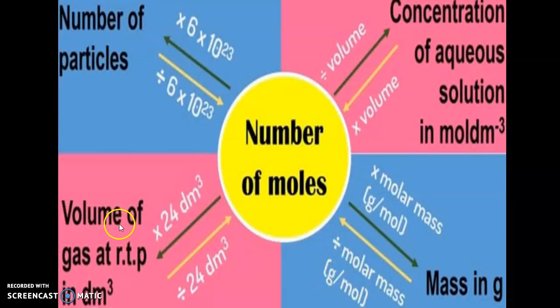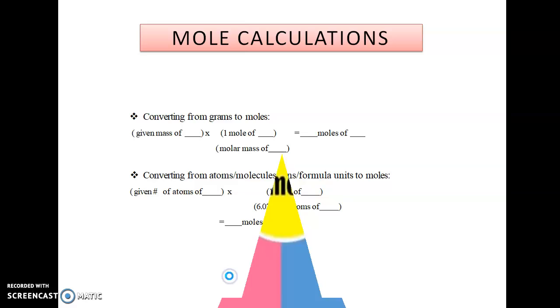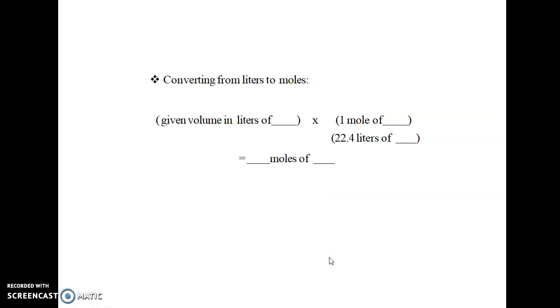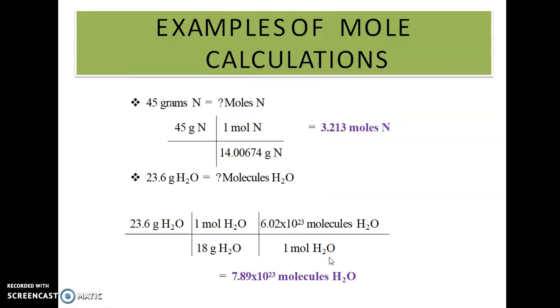For volume, if you wish to calculate the volume from given moles, you multiply by 24 dm³, and to calculate the number of moles from the volume, you divide by 24 dm³. So, these are the formats for mole calculations. Now we move forward to examples of mole calculation.